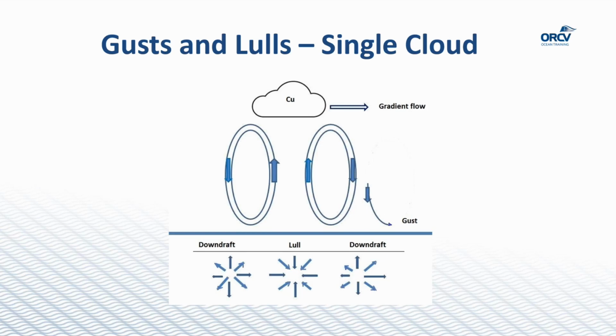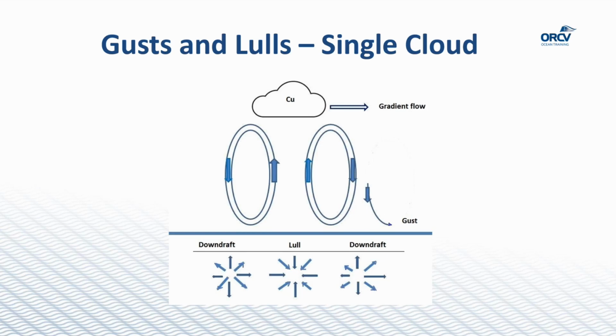And on the edge of the cloud, you get an extra 3 knots, which means that the gust on the side of the cloud feels like a 6 knot difference. So if you're looking for wind, you might go to the edge of the cloud and watch for that to get the best speed if you need it.